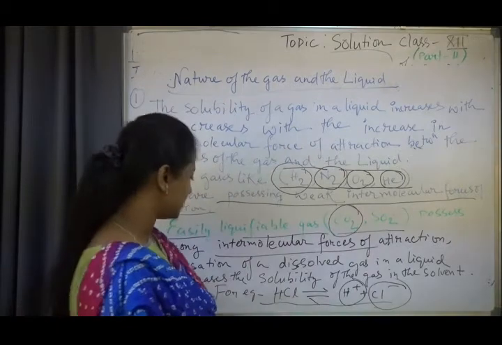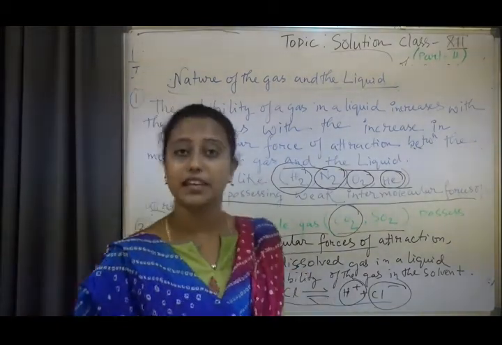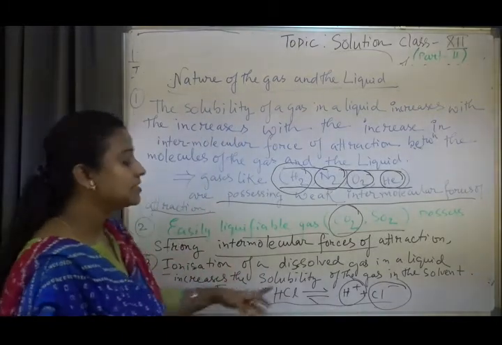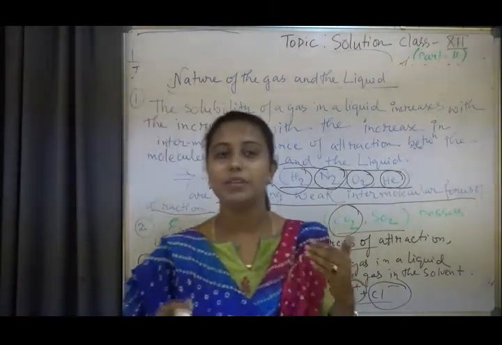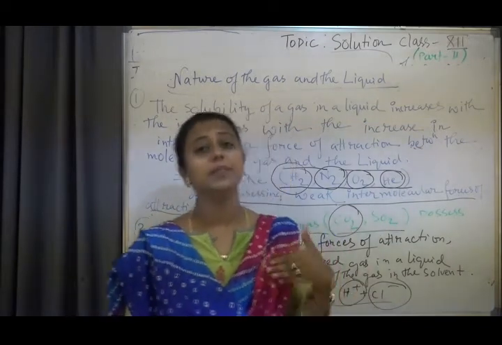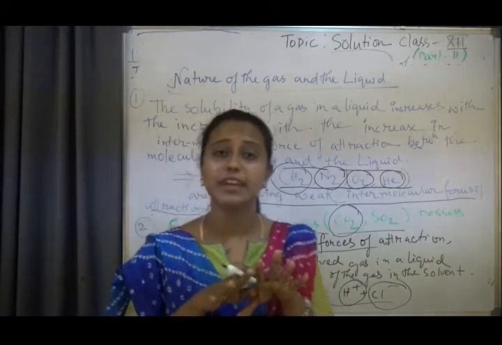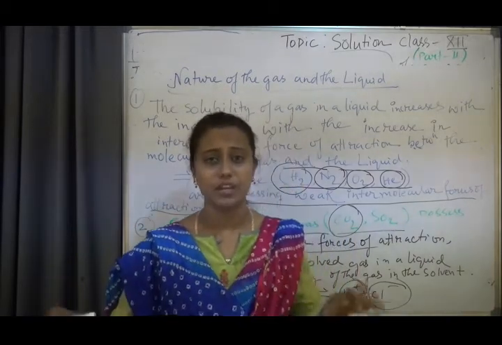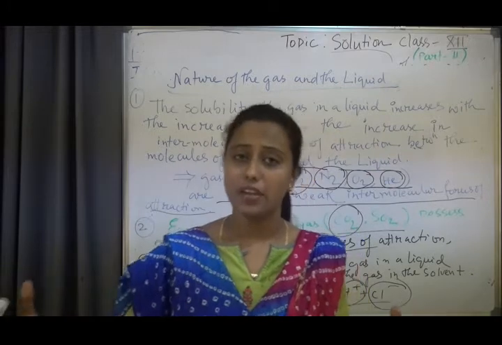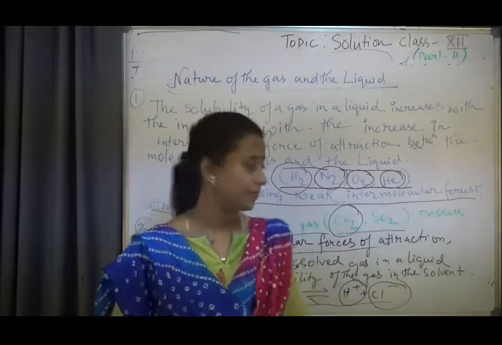For this reason, the ionization of a dissolved gas in a liquid increases the solubility of the gas. The more readily the gas ionizes, breaking up into positive and negative ions, cations and anions, the more is the dissolution of the gas.